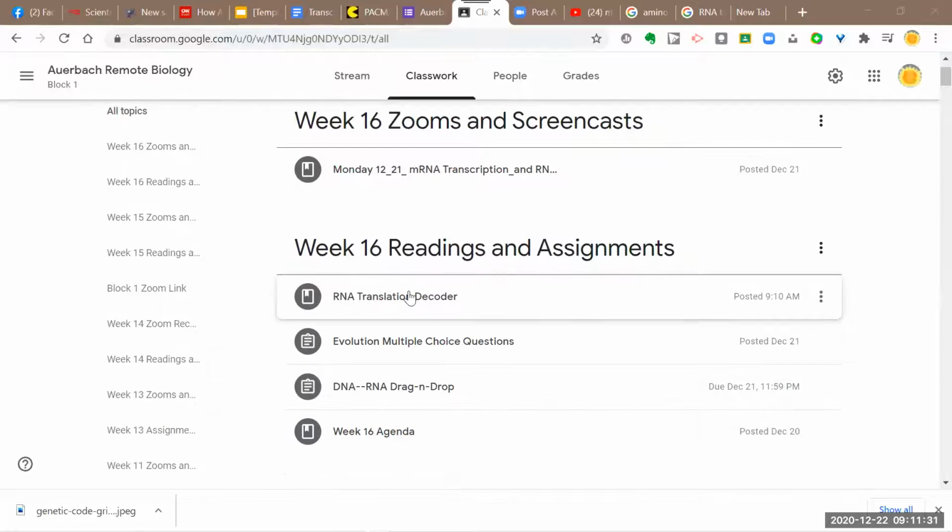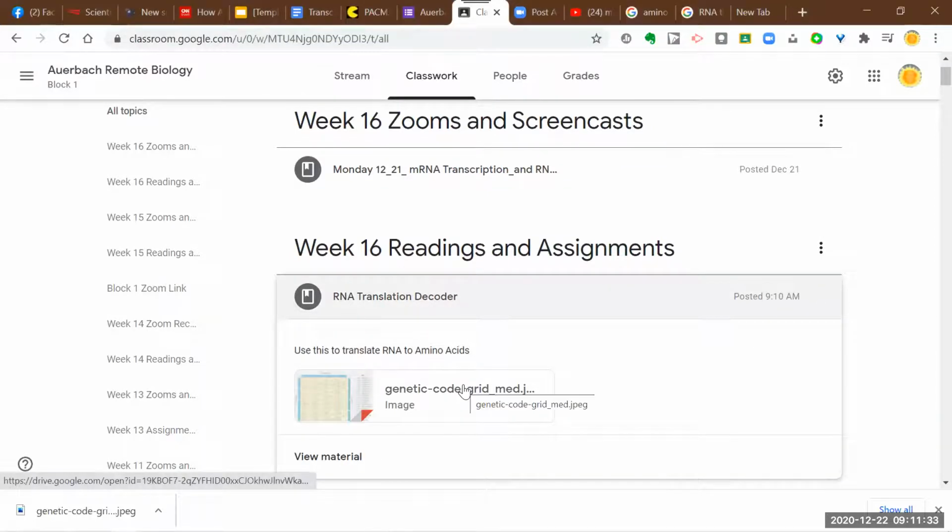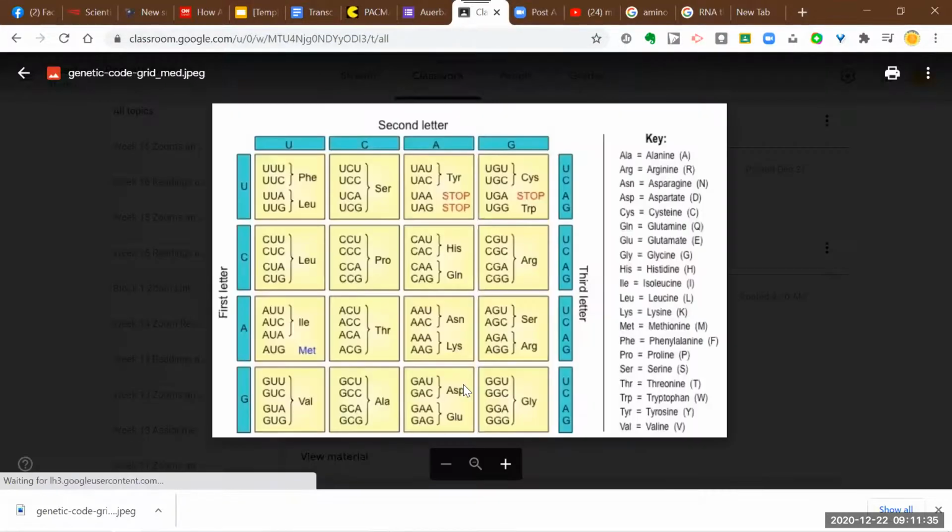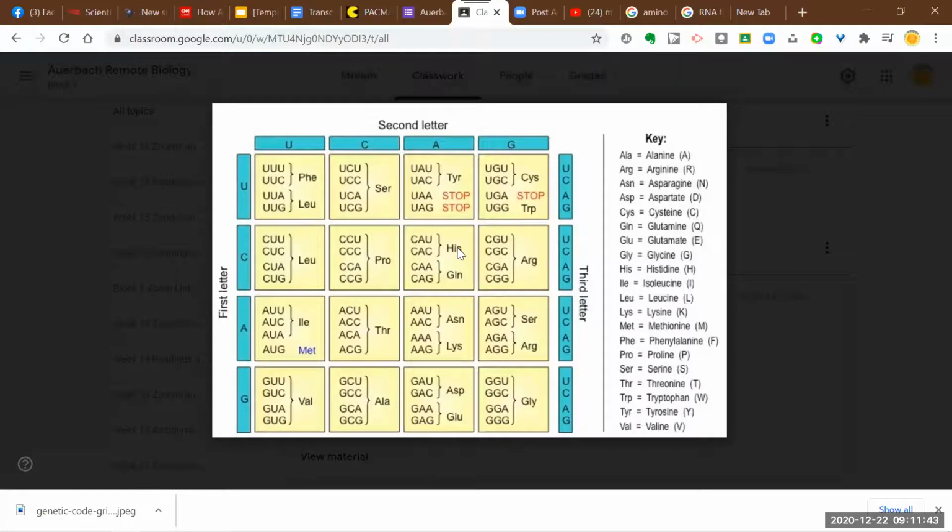All right, so the thing that I want to show you, you have a copy of this on Classroom. If you go to Classroom, RNA Translation Decoder, looks like this. I know this looks super confusing for a second, but after you learn how to use it, it's really not.